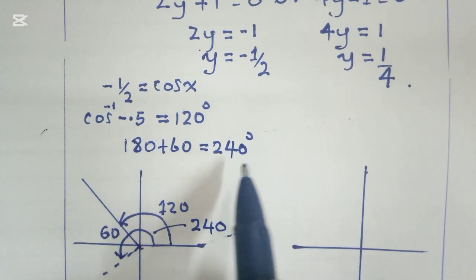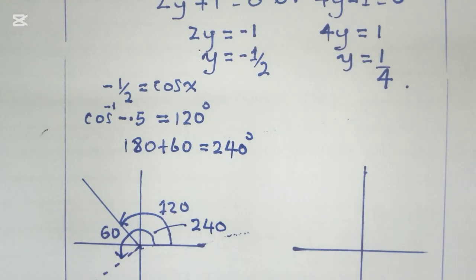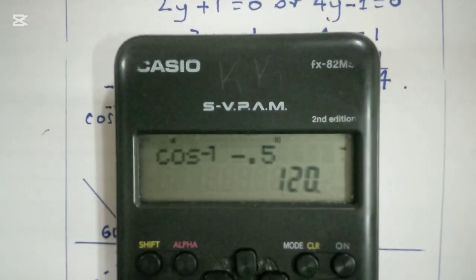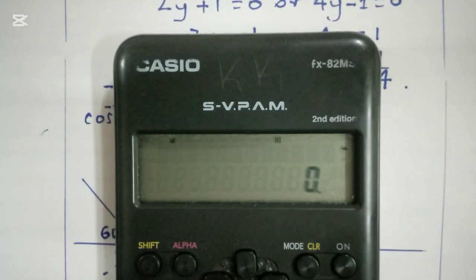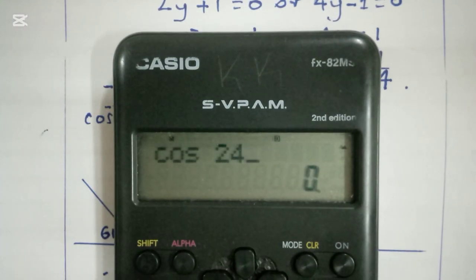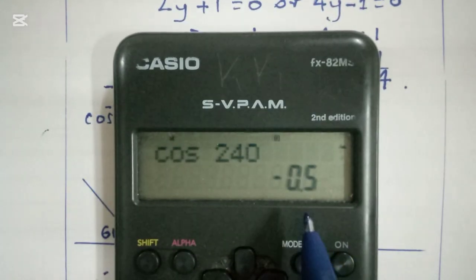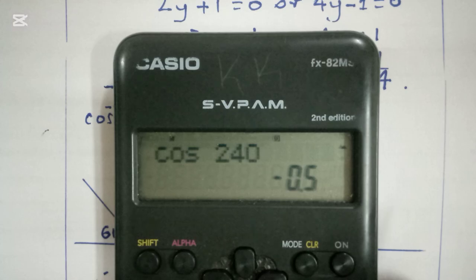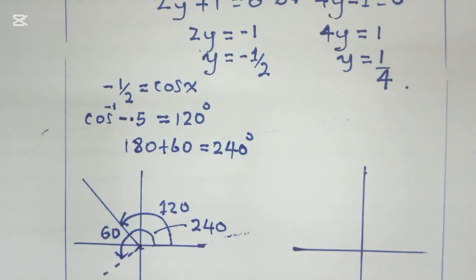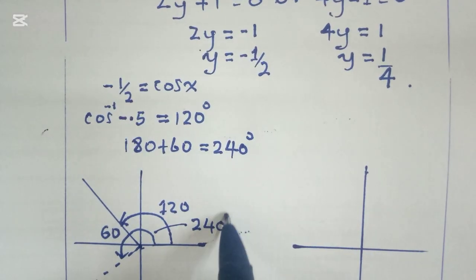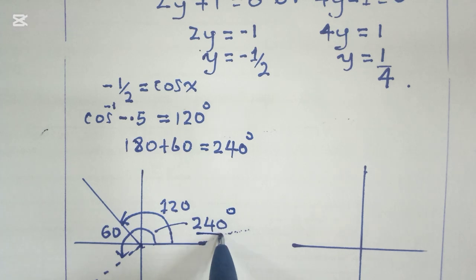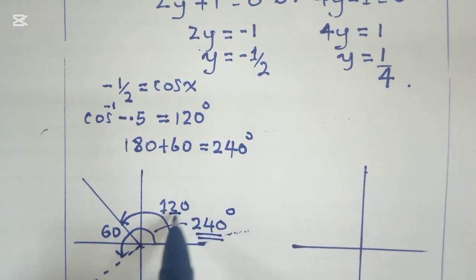Let's find out what is the cos of 240. Cos 240 is equals to, guys, see, it's negative 0.5. So this side, we have two values: we have 240 and we have 120.